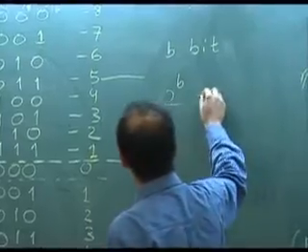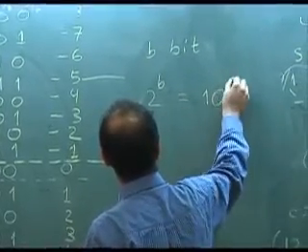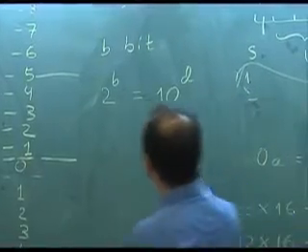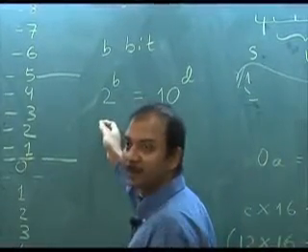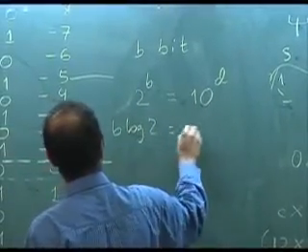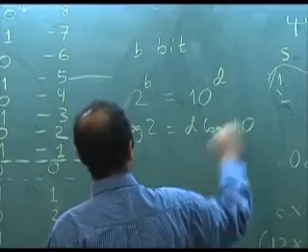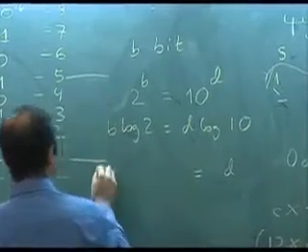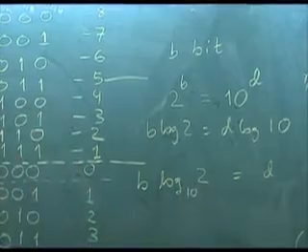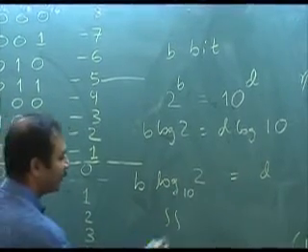Now, if you want to ask, that's roughly equal to 10 to the power what in decimal? Okay. How many decimal digits do you get if you have b binary bits? Then you say b log 2 equals d log 10. And so d is equal to b times log 2 to the base 10. Okay. Which is approximately equal to 0.3b.